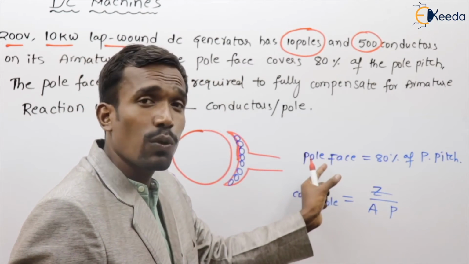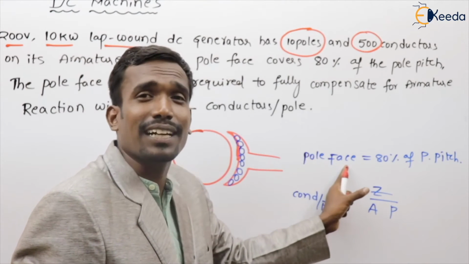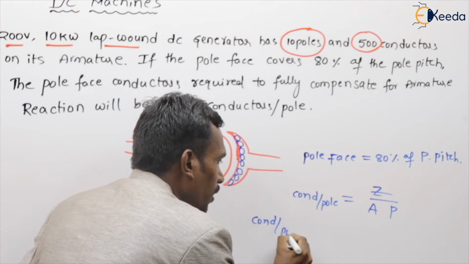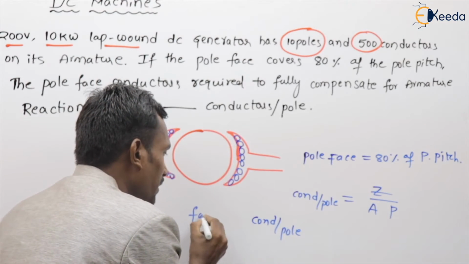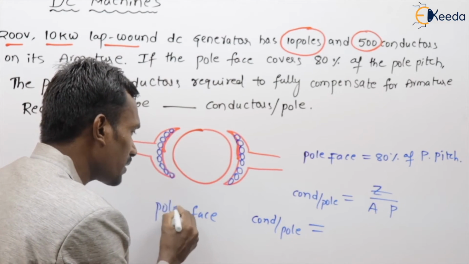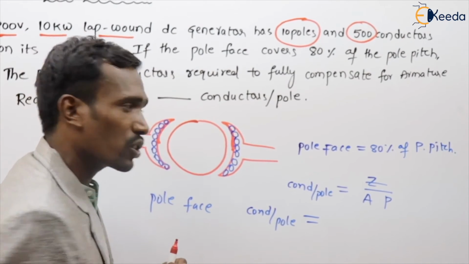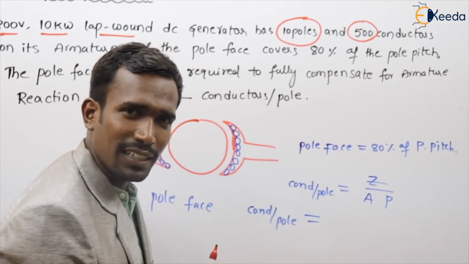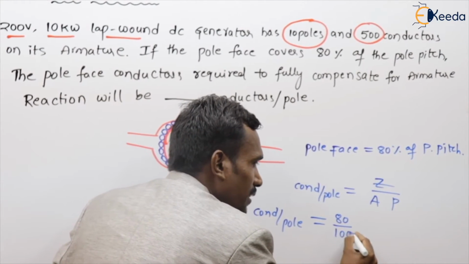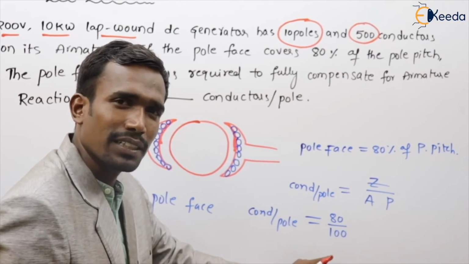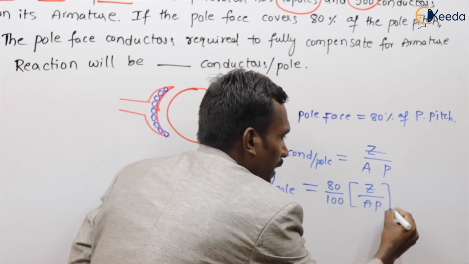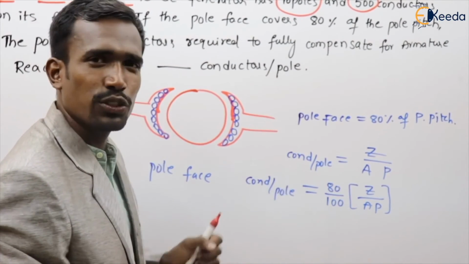But here we need to calculate the pole face conductors. So the conductors per pole for the pole face is equal to 80% of pole pitch, that is 80 by 100, of Z by A into P.